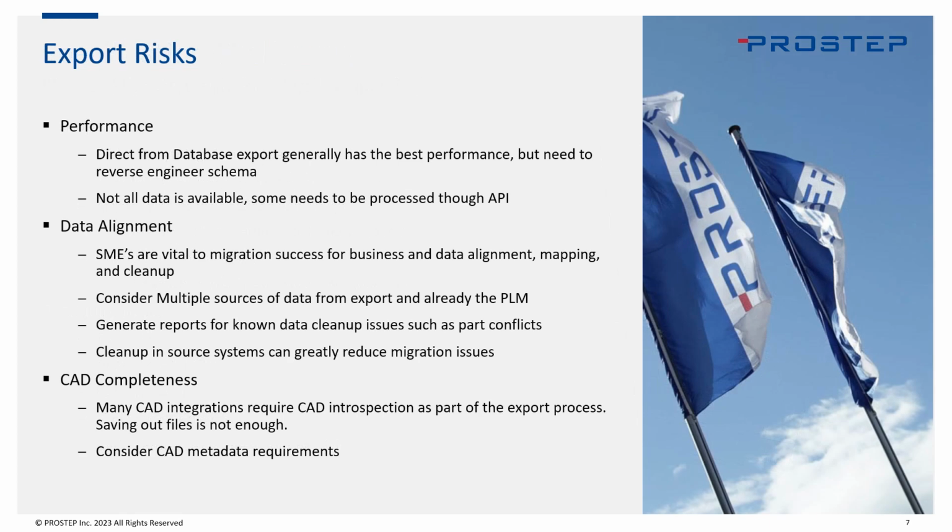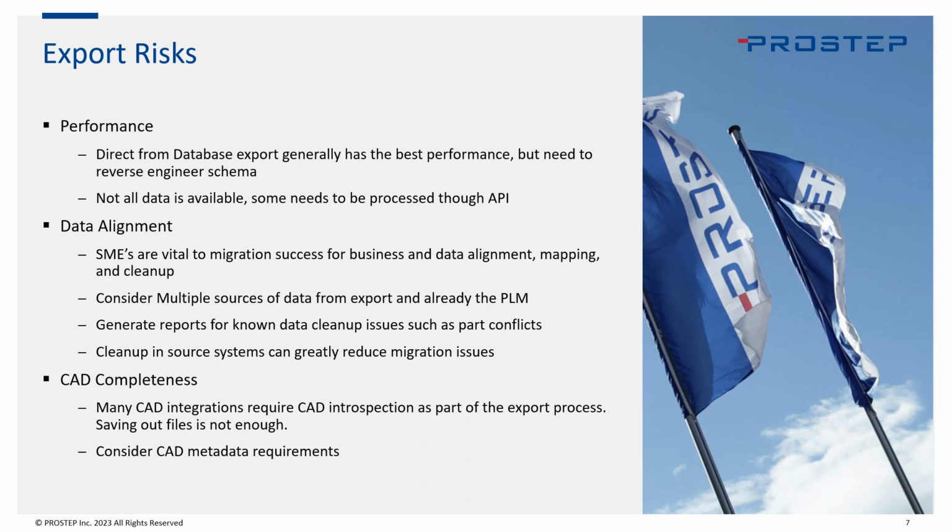So with the specification completed, typically the first defined sprint is the export. And this is also generally the easiest component to migrate. The best performance that you're going to get on export is really going direct from the database. That might mean you need to reverse engineer the schema of the database in order to pull data from there.